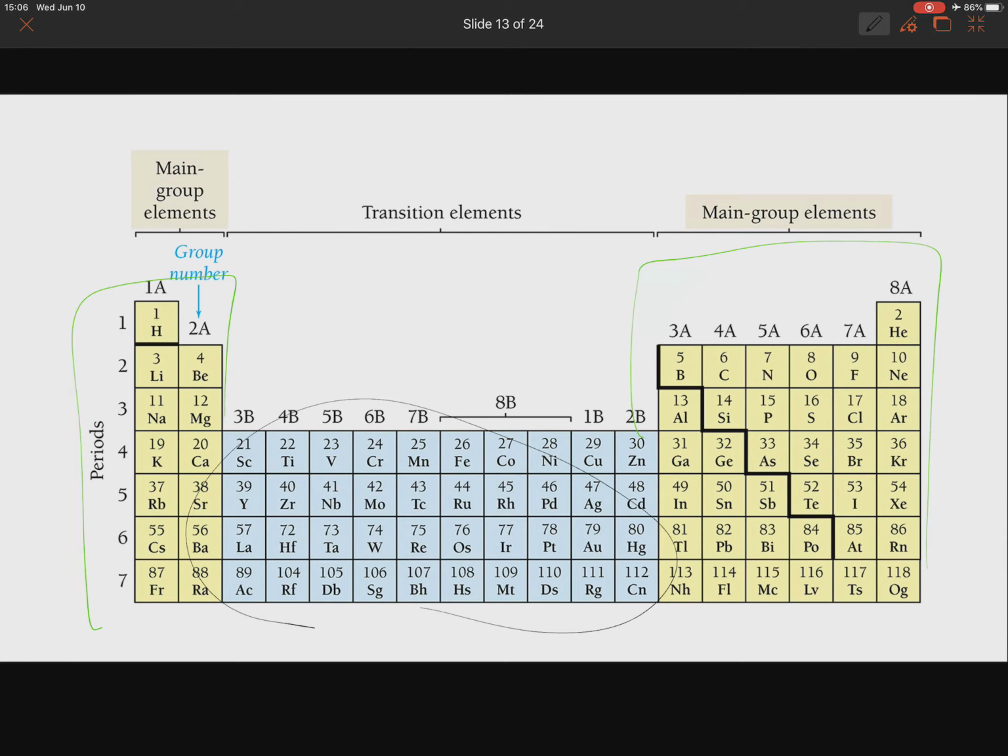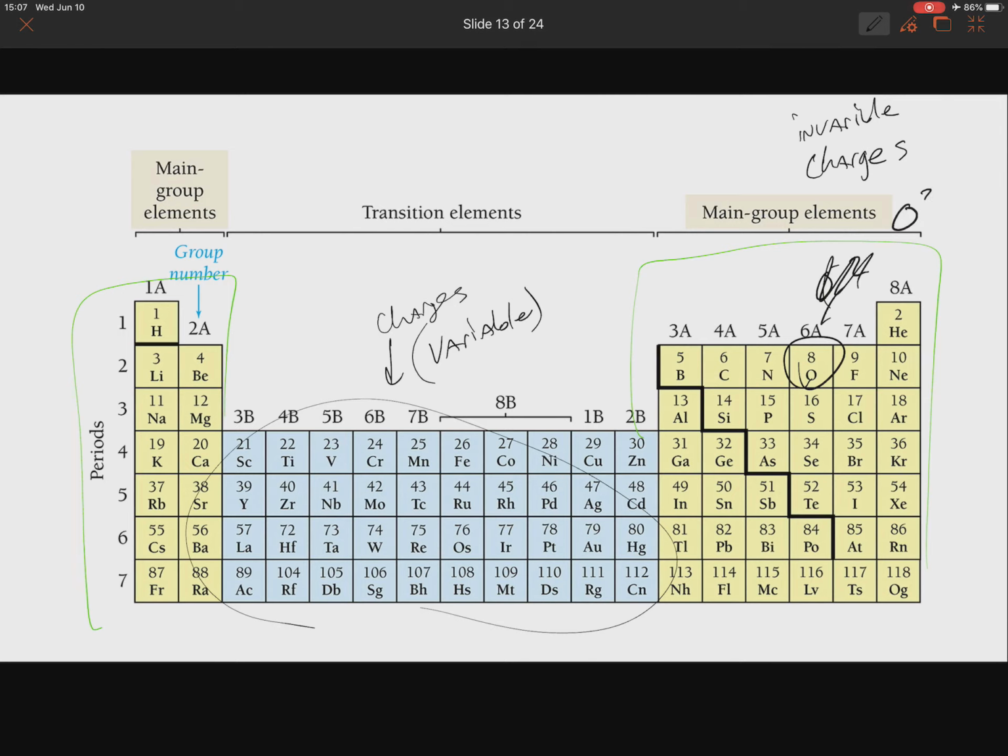Main group elements, we tend to know their charges. We tend not to know these guys' charges because they can have what we call variable charges, and these other ones are invariable. Oxygen is always 2 minus.